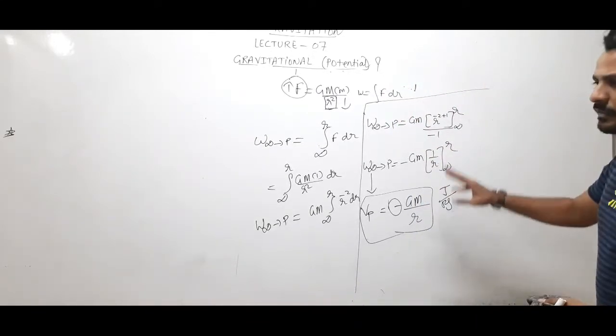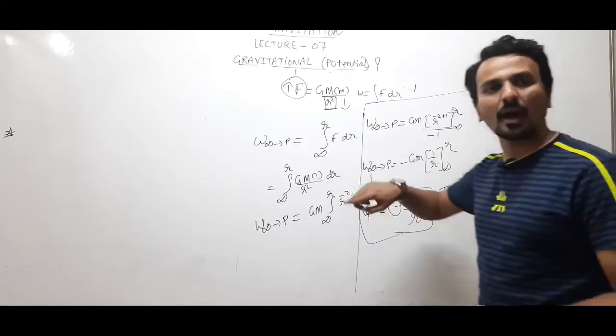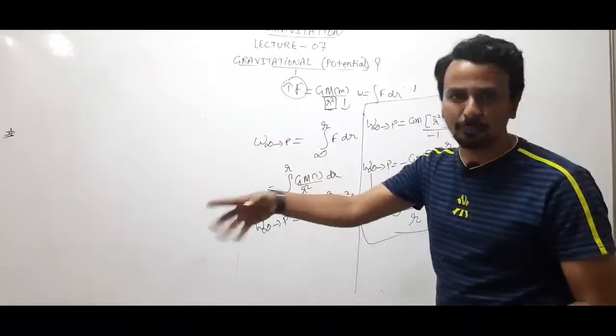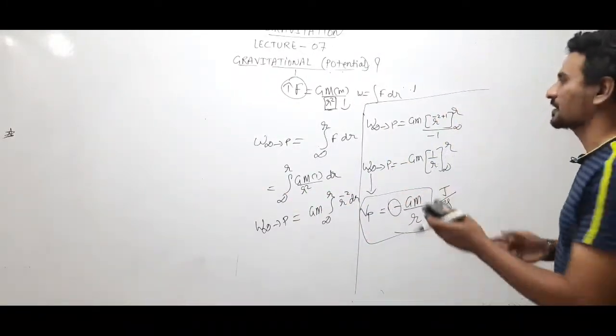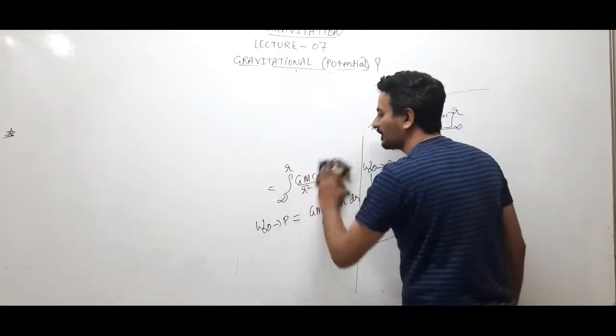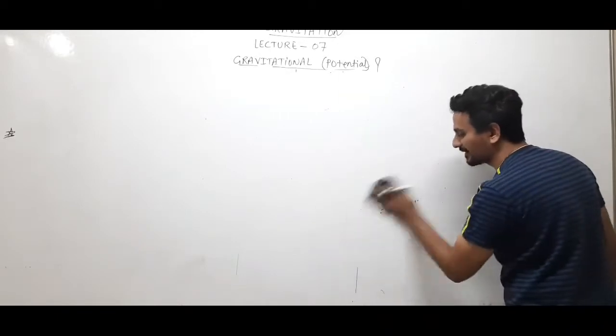Now this was the work done by the gravitational force in bringing a unit mass from infinity to a point, which is what we say as gravitational potential. But sometimes some definitions are given as work done by the external force. Now what is meant by the external force?